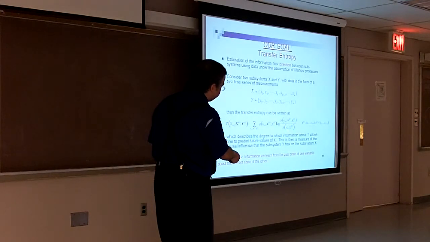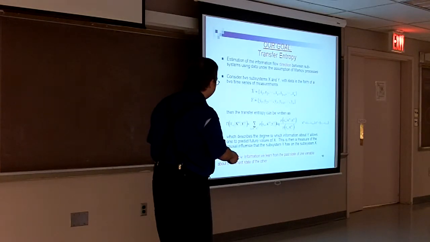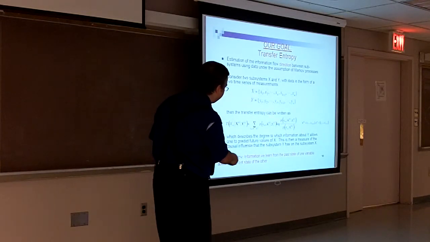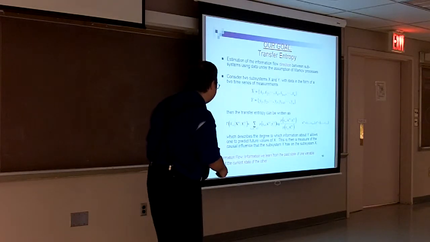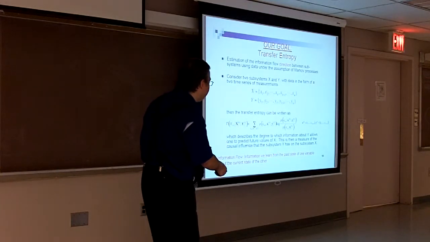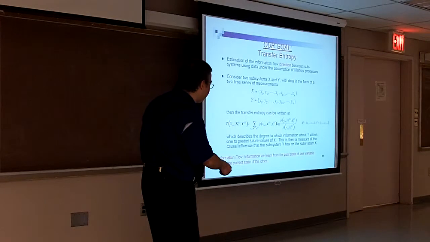And the denominator tells us the future value conditioned on its past k values. So this Kullback-Leibler divergence tells us the information that we learn from the past state of one variable about the current state of the other.